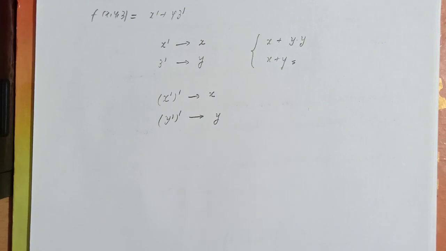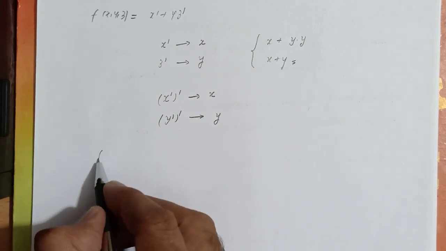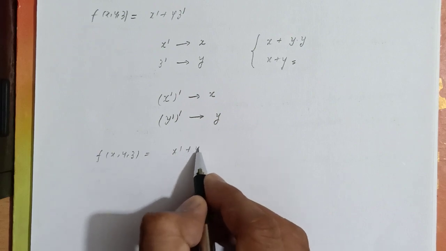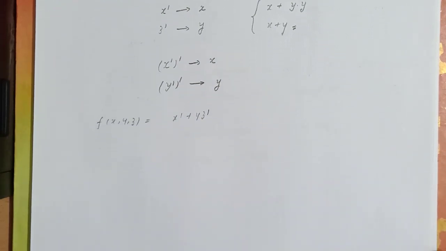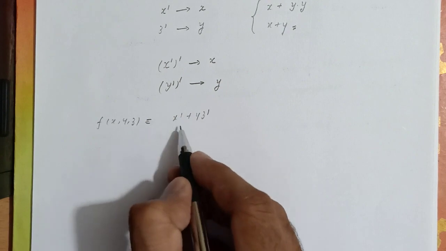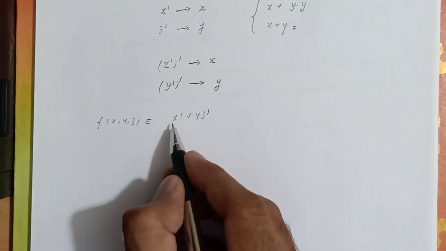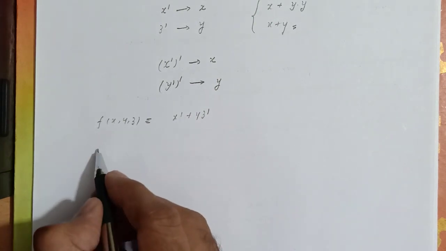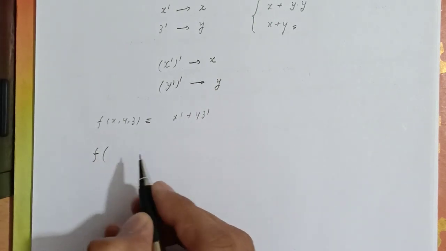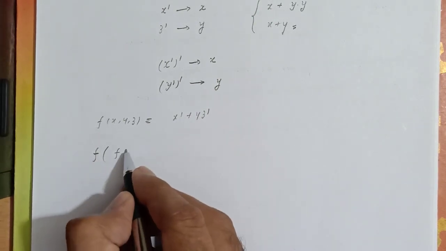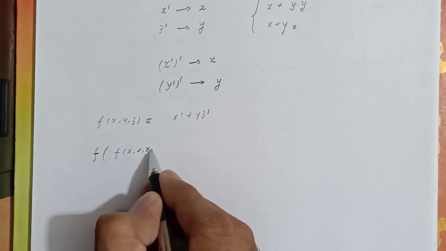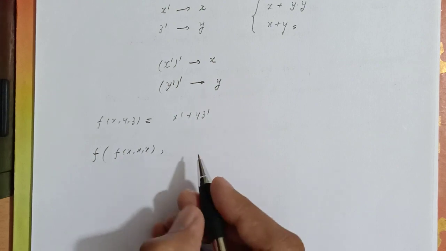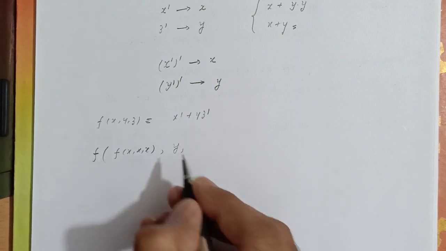So f of x y z is given as x dash plus y z dash. In place of x, somehow I have to obtain the complement. So we can write like this: f of x comma x comma x, which is nothing but x dash, and then in place of y we need y.